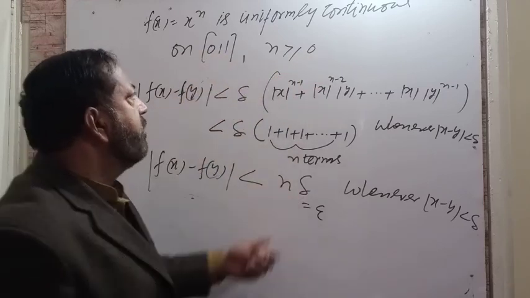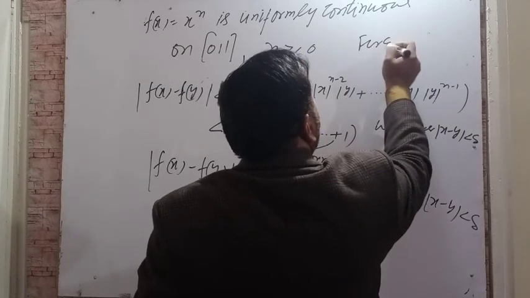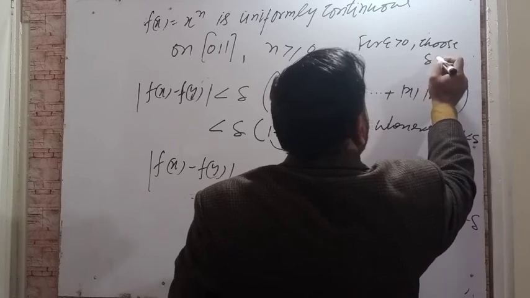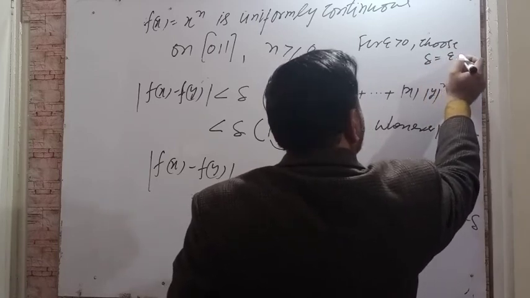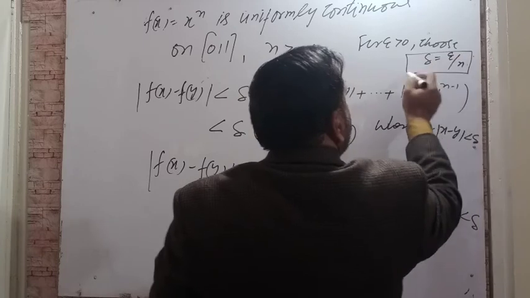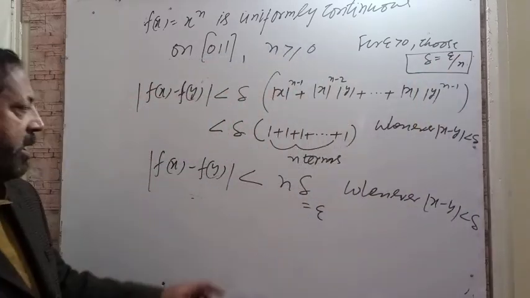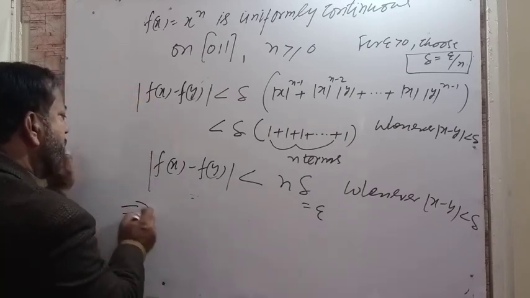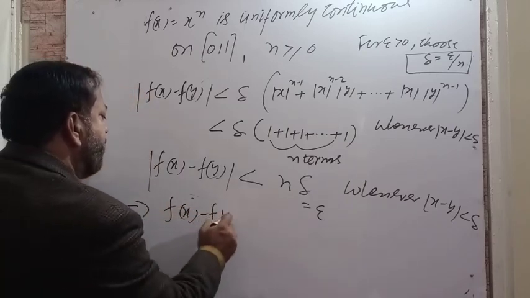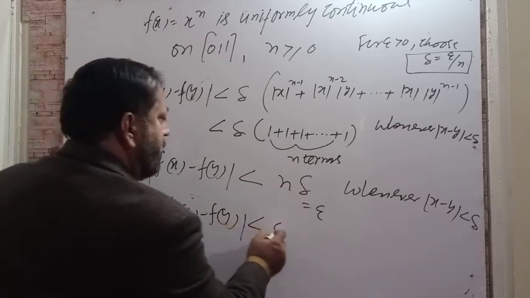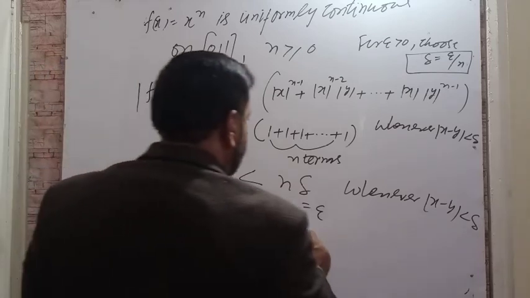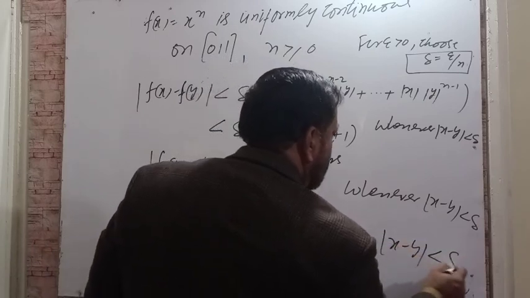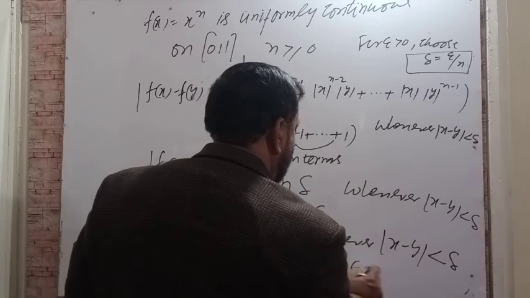This is not some arbitrary point of this interval. So for epsilon positive, choose delta equal to epsilon by n. If I choose delta equal to epsilon by n, that is n delta equal to epsilon, this implies |f(x) minus f(y)| is less than epsilon whenever |x minus y| is less than delta, for all x, y belonging to the closed interval [0, 1].